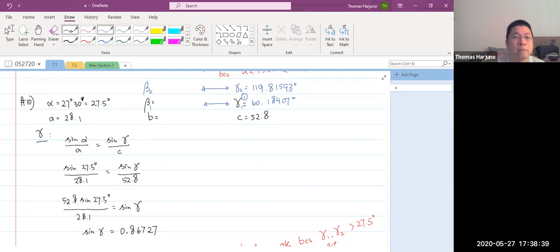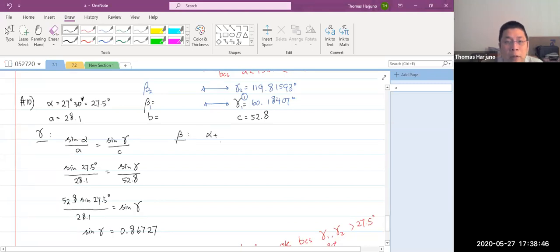Okay, now let's work it out. So if I need to find angle beta, then alpha plus beta plus gamma equals 180 degrees. For beta 1, 27.5 degrees plus beta 1 plus gamma 1 equals 180 degrees.